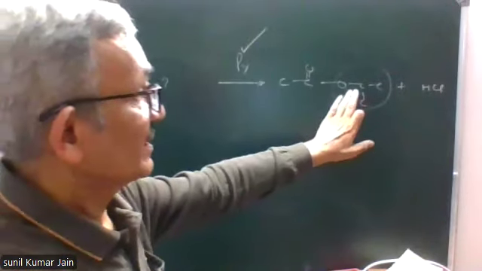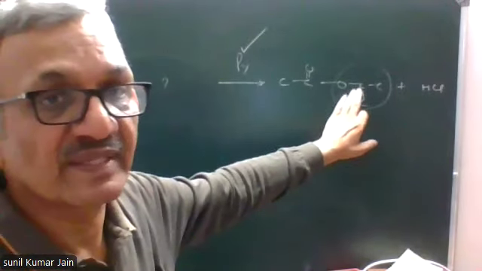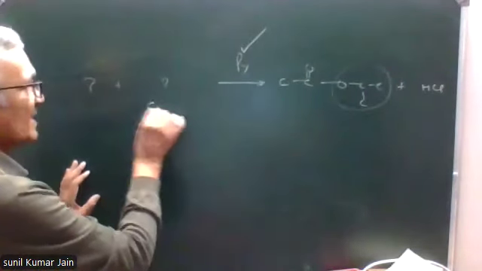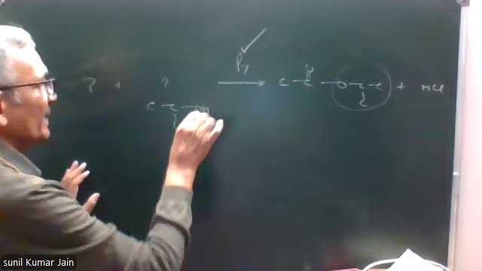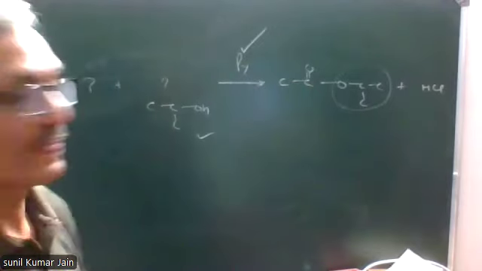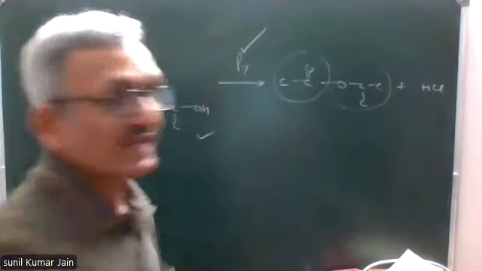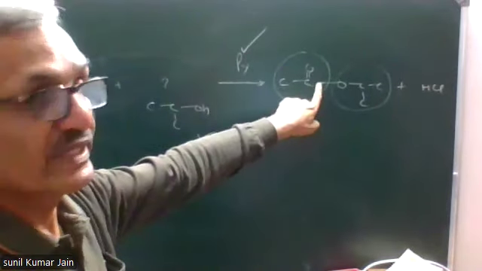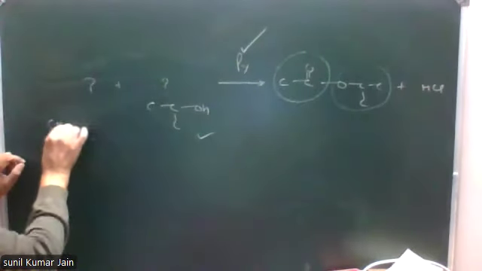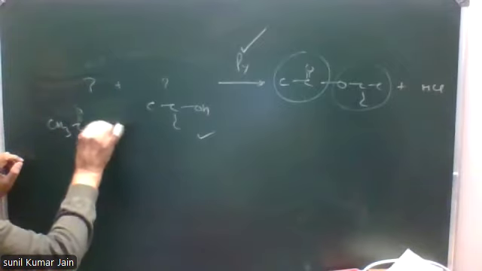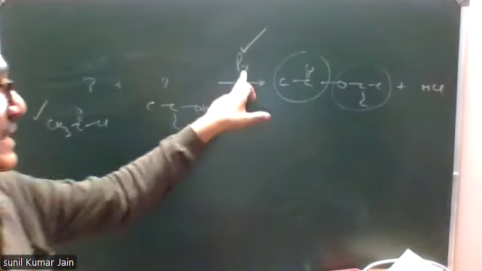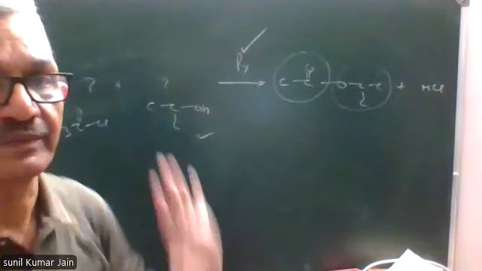It means the alcohol used to prepare this ester is isopropyl alcohol. This part comes from the acyl halide. Attach chlorine here and this becomes CH3COCl. These are the 2 reactants and the reaction condition is pyridine.